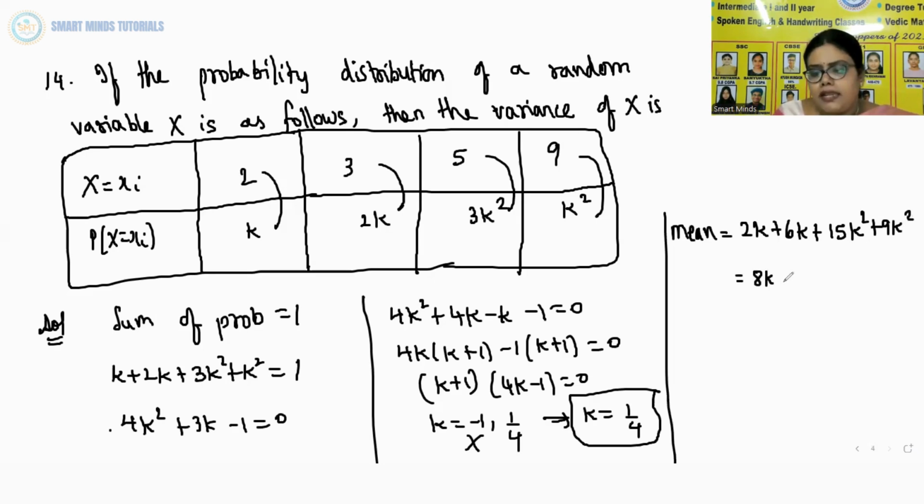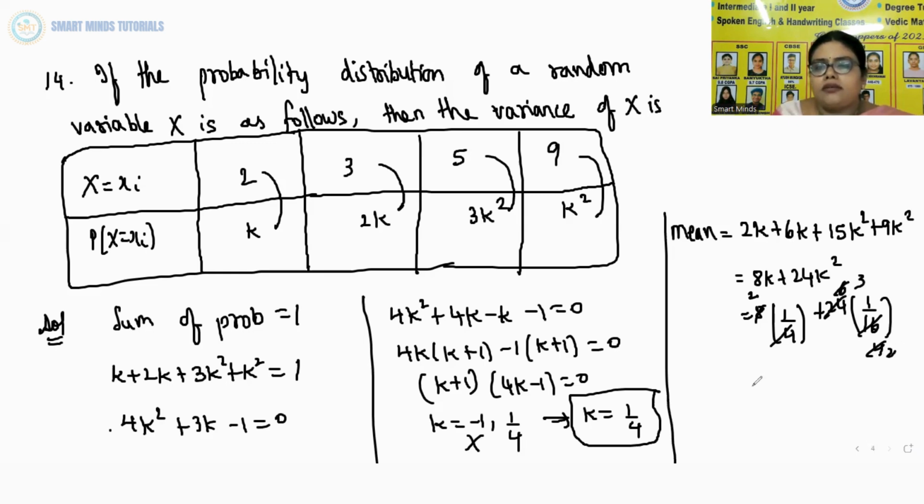So that is 8k plus 24k square. Now substitute the k value, 8 into 1 by 4 plus 24 into 1 by 16. So that is 2 plus 3 by 2. That is 7 by 2.